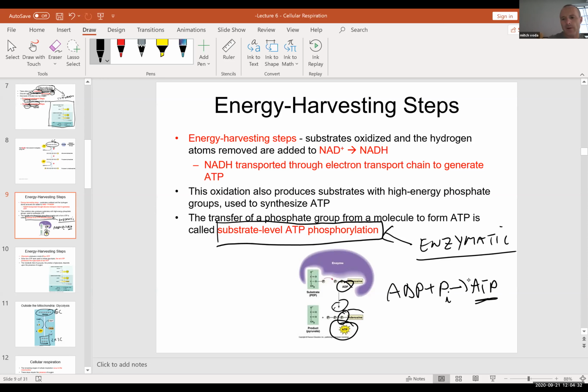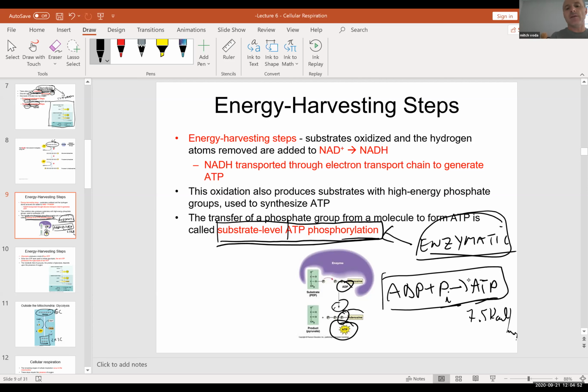Remember, ATP stores about 7.5 kilocalories per mole. So this production of ATP in glycolysis is an enzymatic reaction. It requires an enzyme, and it's called substrate level phosphorylation.